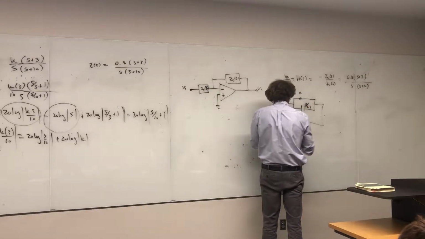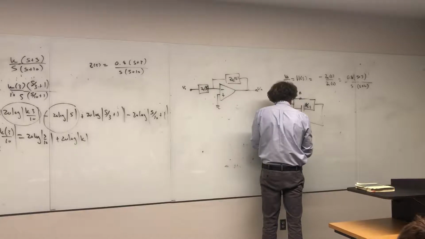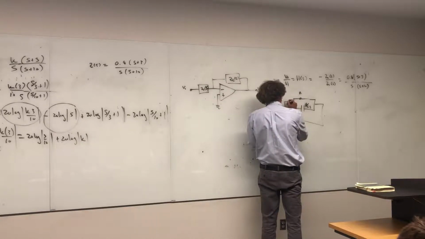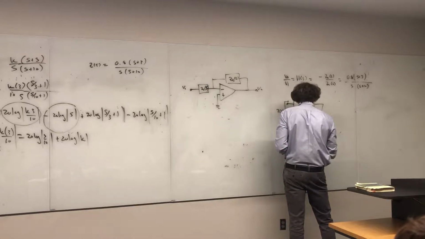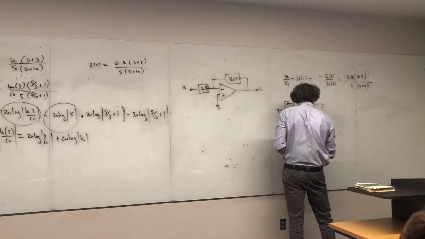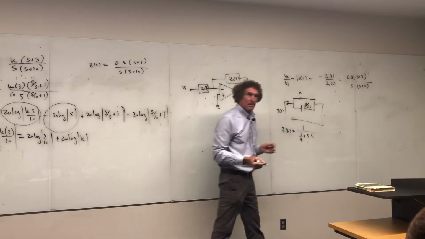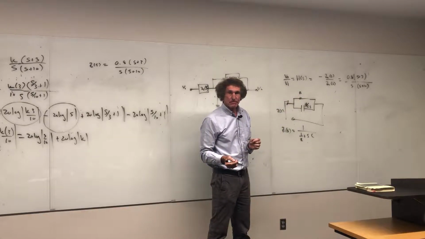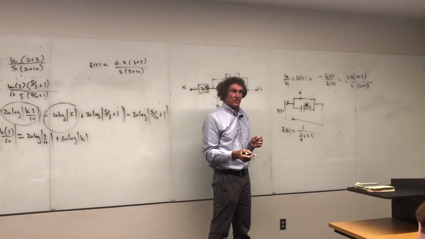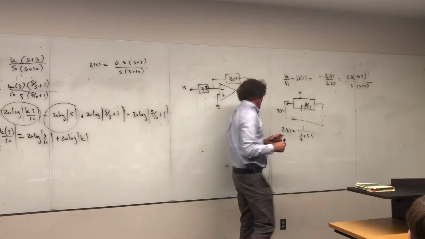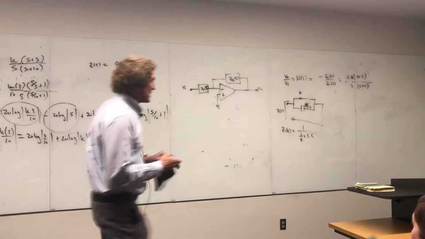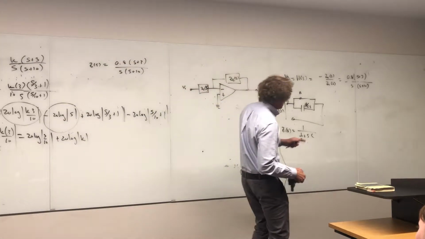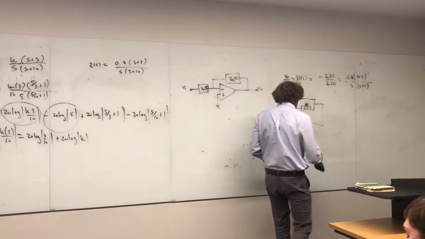So when we take a look at Z of S of this right here, that is equal to 1 over (1 over R plus SC). Does everybody agree with that? It's 1 over the first impedance plus 1 over the second impedance. Do you all agree with that? Now, if you take this and multiply, because you want to get the right scale, I want S by itself, so I'm going to divide top and bottom by C.